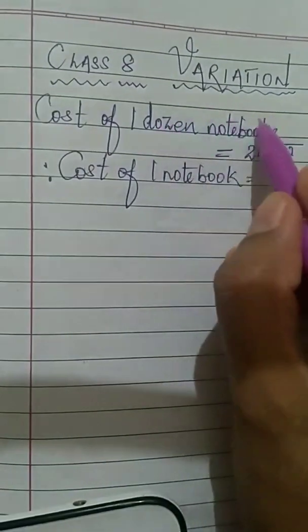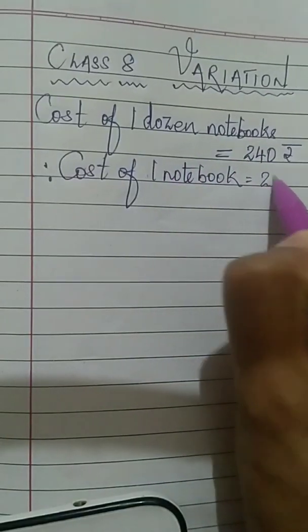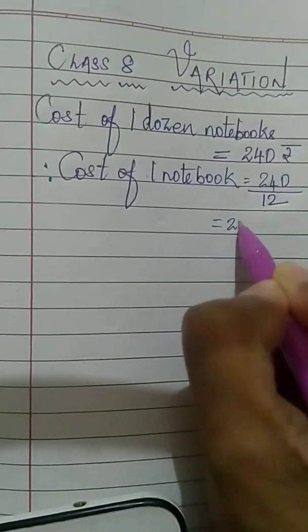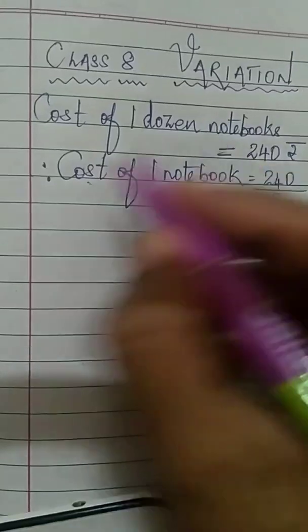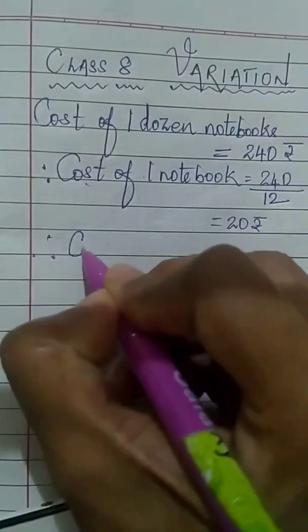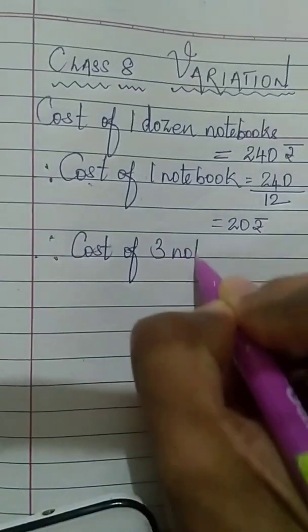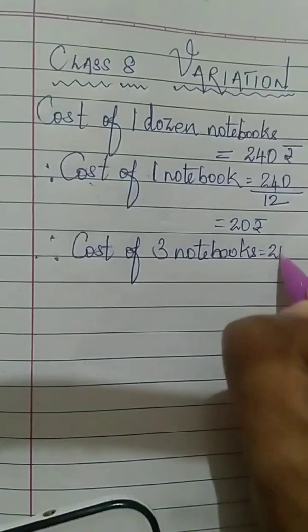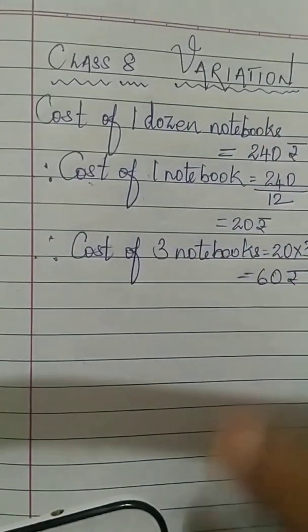So, 12 notebooks cost 240. What will be the cost of one notebook? 240 upon 12, which is equal to 20 rupees. So, if you know the cost of one notebook, you can find out the cost of 3 notebooks. Therefore, cost of 3 notebooks is equal to 20 into 3, which is equal to 60 rupees.